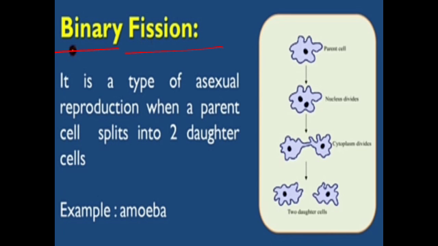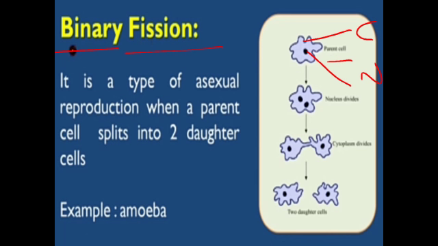Let us first revise the structure of amoeba. This is the parent cell. This is the structure of amoeba. This purple color is the cytoplasm, which is a fluid matrix, and this black dot is the nucleus.